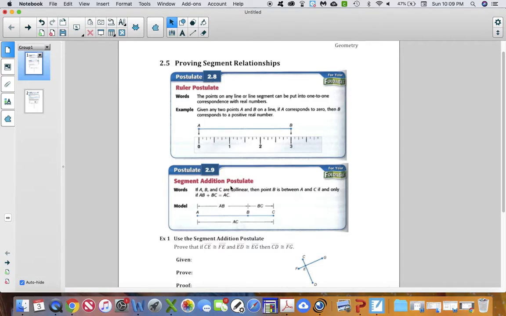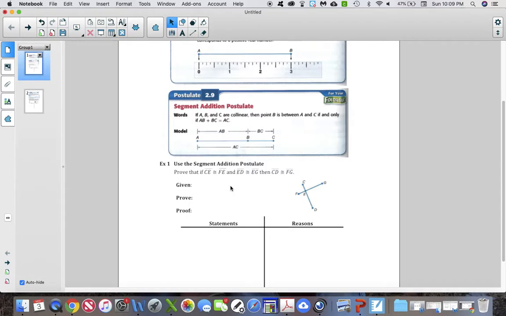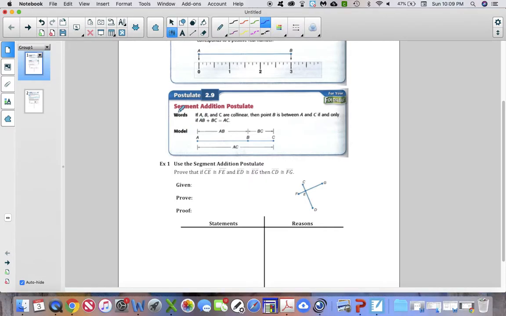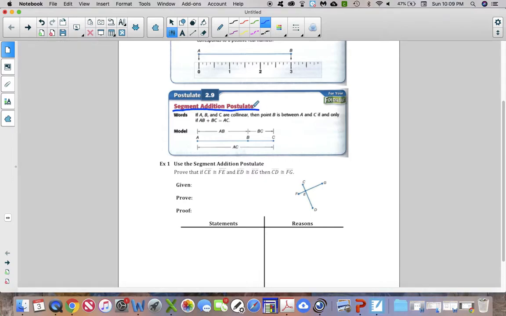Postulate 2.9 is a little bit more in depth, and we have talked about this before. This one has a special name, and we'll write that down on your purple sheet, but it is the segment addition postulate. We'll use its name a lot.